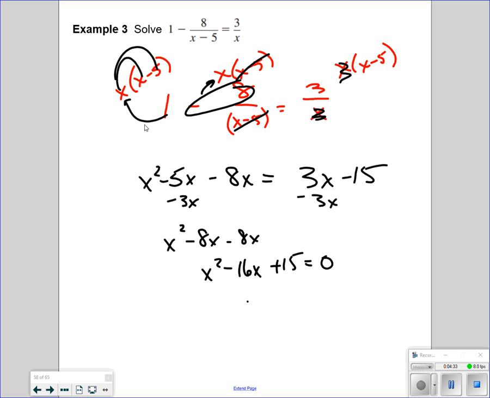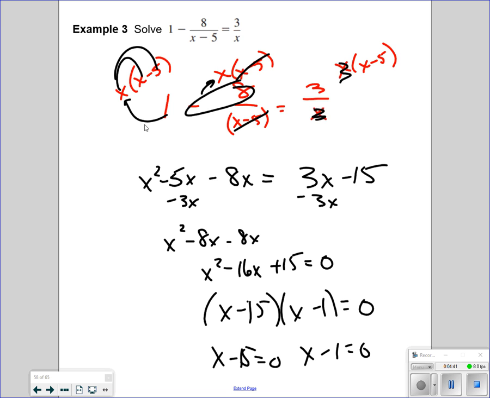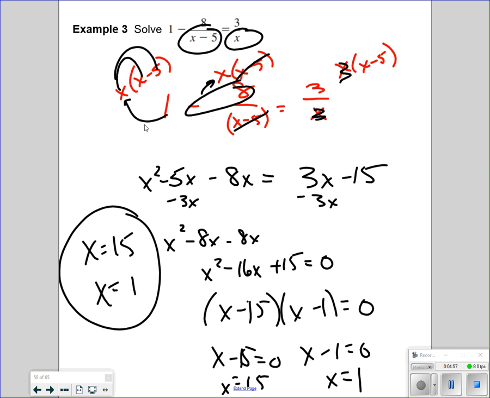And now I factor it. x minus 15, x minus 1, and I set those equal to 0, and I solve. So x is equal to 1, and x is equal to 15. Always double check, does your answer cause any issues to the denominator, making it 0? Both of these answers are good.